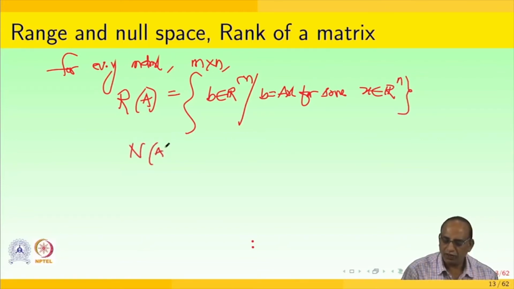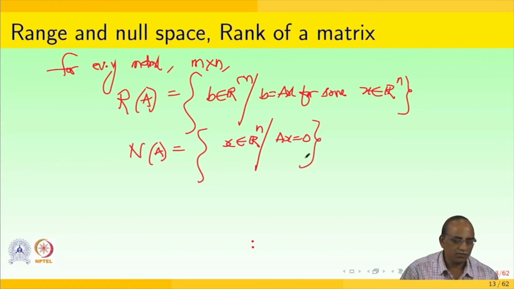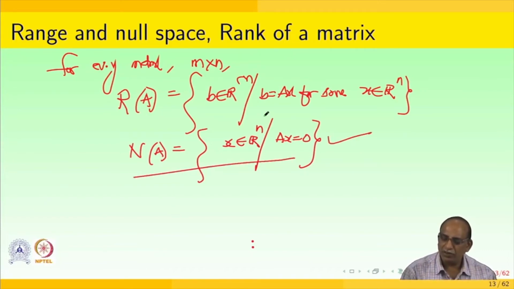The null space of A is the set of x belonging to R^n such that Ax is equal to 0. So the null space maps to the zero space, and the range space is b equal to Ax.